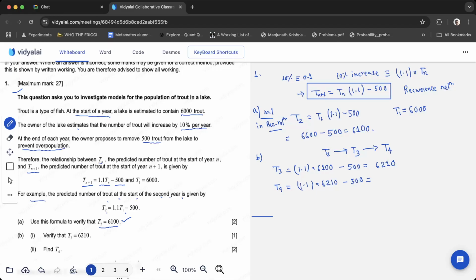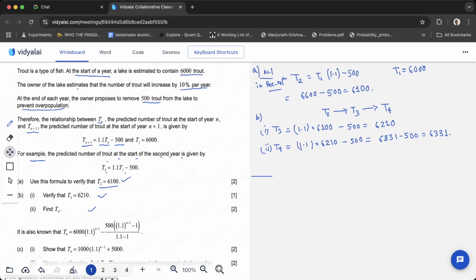For this, I add 621 to 6,210, so 6,831 minus 500. This is 6,331, and that would be the answer. So we found T2, T3, T4 using the recurrence relation. That was the first A and B part of the question. Pretty easy.